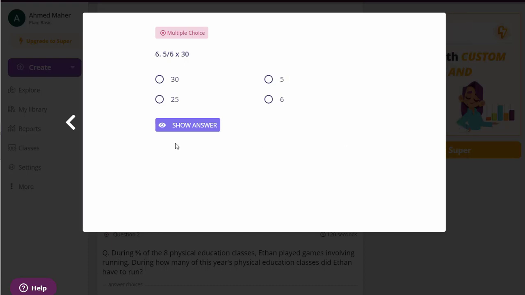And the last one, 5/6 times 30, you will get 150/6, and converting it, you will get 25. 150/6 is the whole number 25. You don't have a fraction to write as a mixed number.